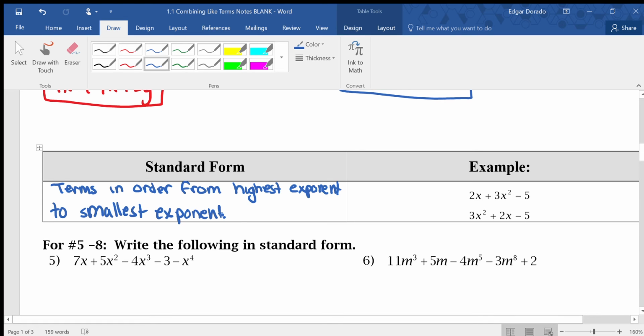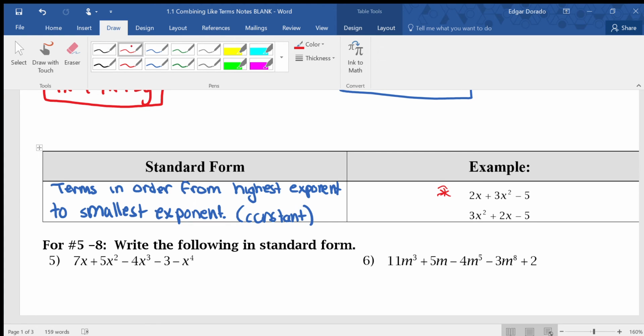And that usually means that the constant is the last term. Okay, so let's go ahead and look at this example that we have here. So this is our example that we want to take a look at. So let's go ahead and see what we got. Well, I have a 2x, I have a 3x squared, and I have a minus 5.